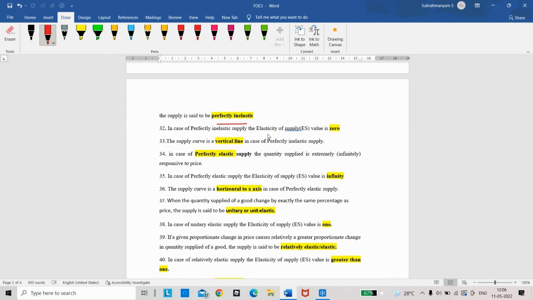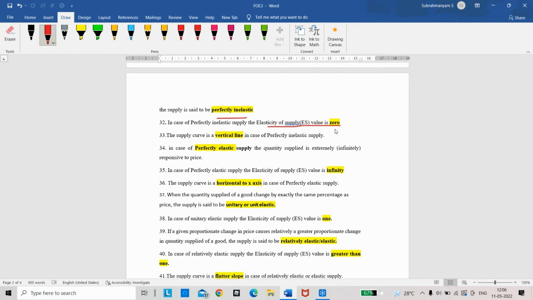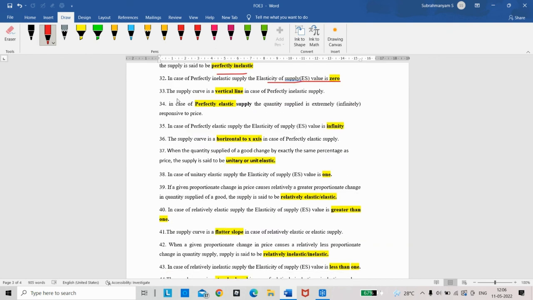In case of perfectly inelastic supply, the elasticity of supply, ES value, is 0. The supply curve is a vertical line.